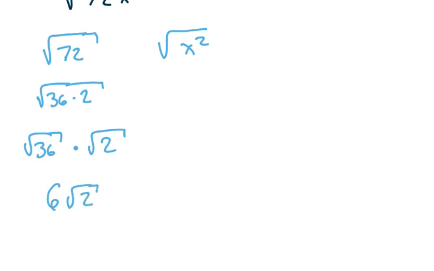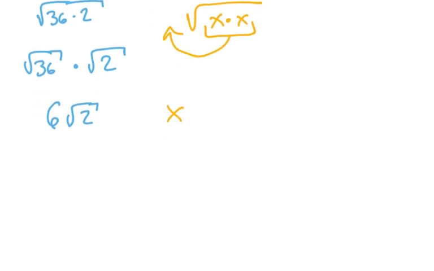Now the cool thing here, again, is that x squared is x times x. Because I can pair them, they go outside, and there's nothing left inside, so we're just left with x. Put it all together, 6x square root 2.